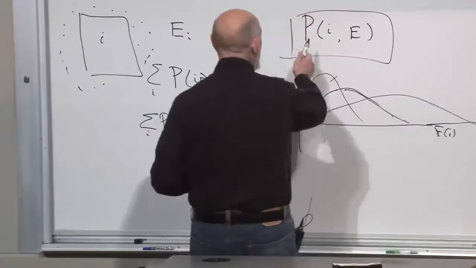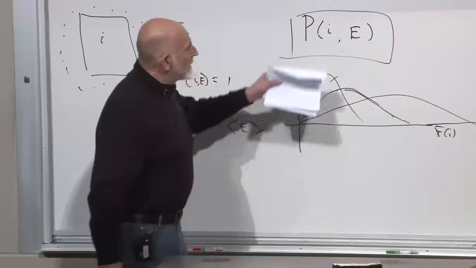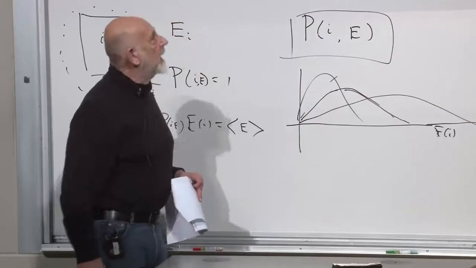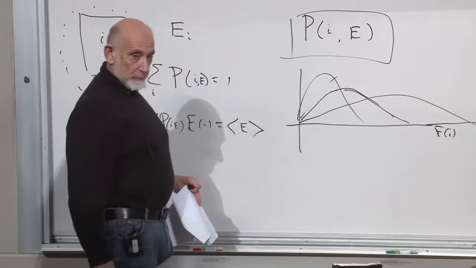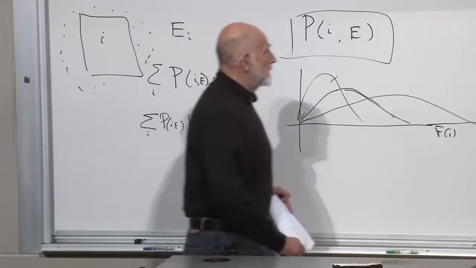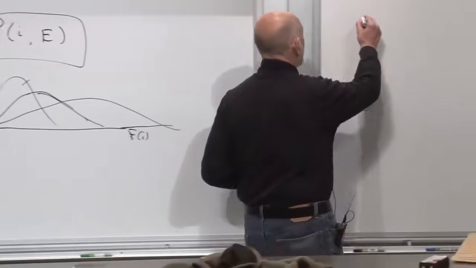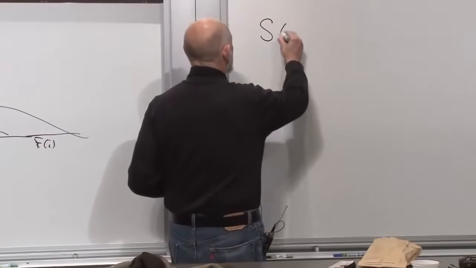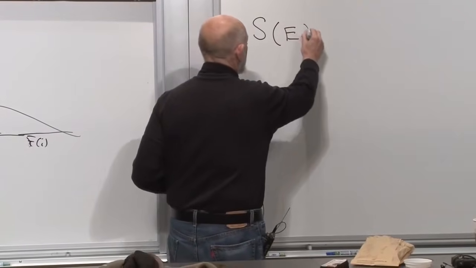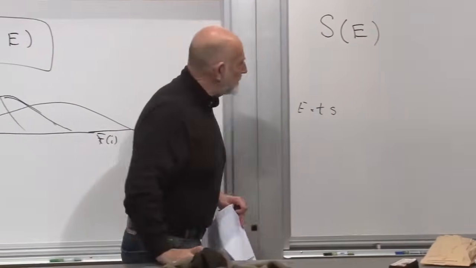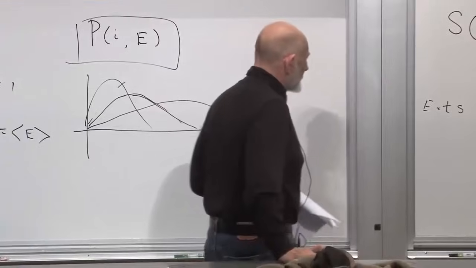One more thing. Each one of these probability distributions, for each value of E, has its own entropy. Let's write it out. The entropy S becomes now a function of E. Now, it's not a universal function of E. It depends on these probability distributions.